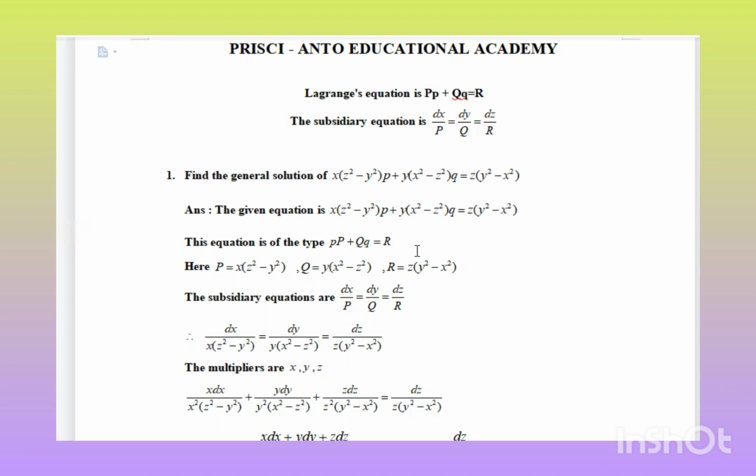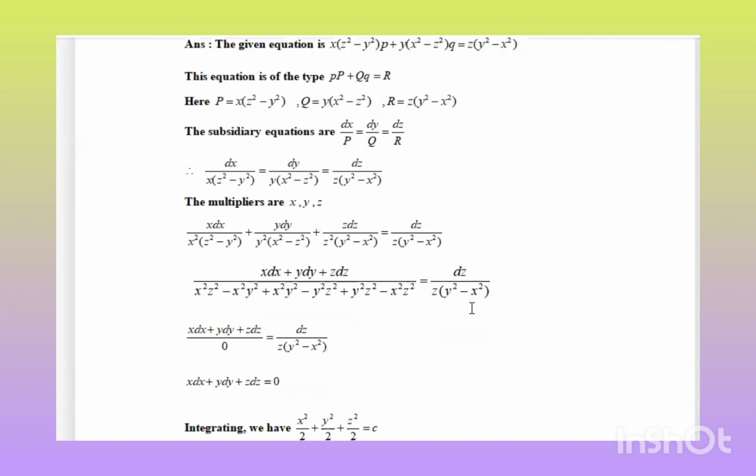So this equation is of the type Pp plus Qq, which is equal to R. As I said earlier, capital P is equal to x into (z square minus y square), capital Q is equal to y into (x square minus z square), capital R is equal to z into (y square minus x square). So the auxiliary equations are dx divided by capital P, which is equal to dy divided by capital Q, which is equal to dz divided by capital R.